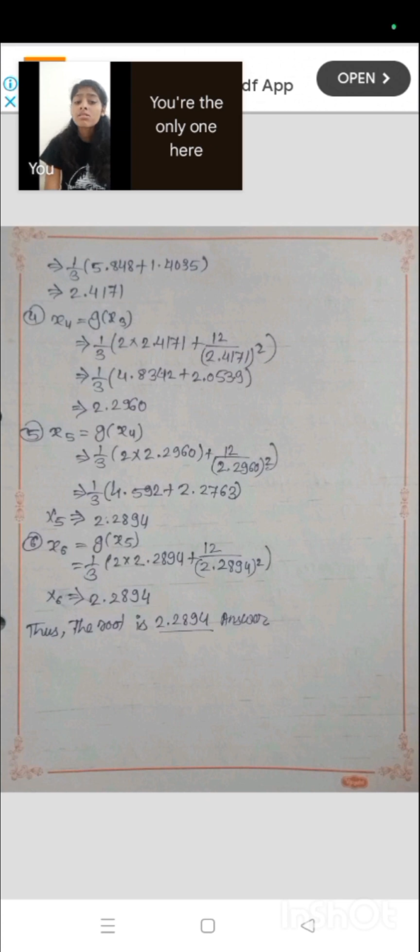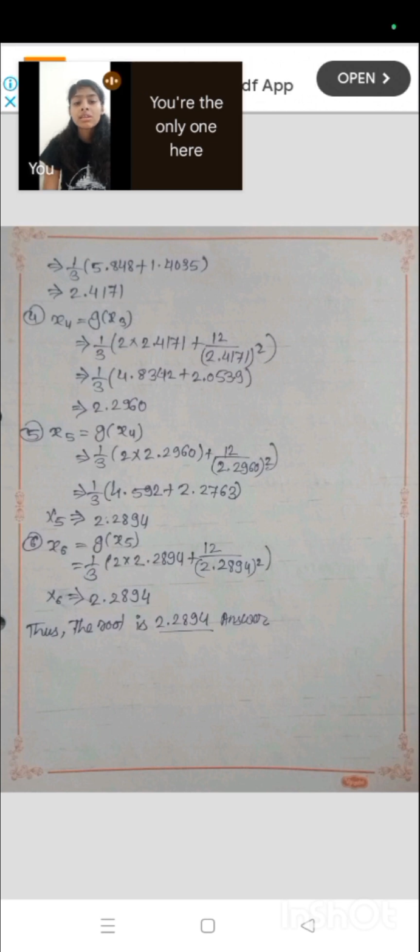So we iterate again: x5 is equal to g of x4, which is 1 by 3 into 2 into the x4 value 2.2960 plus 12 divided by 2.2960 square. When we solve this equation, we find the x5 value 2.2894.